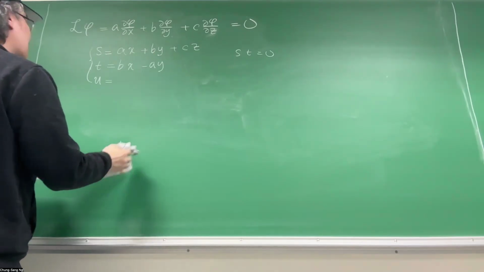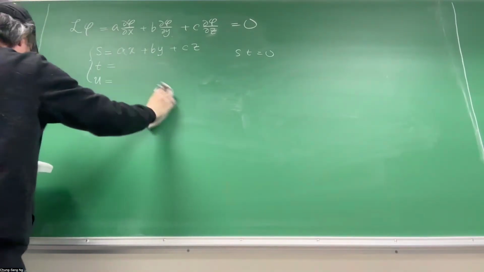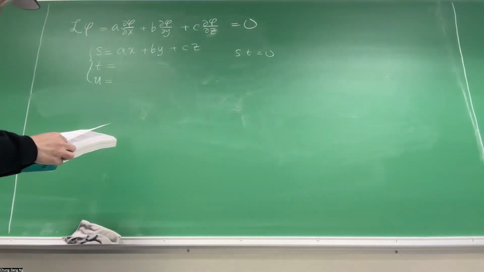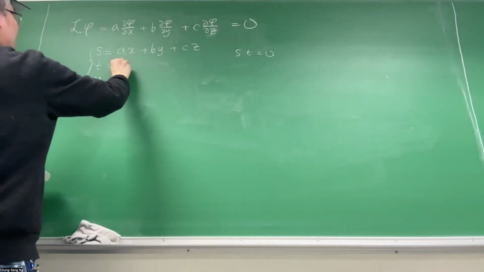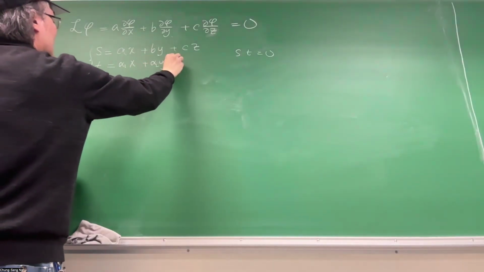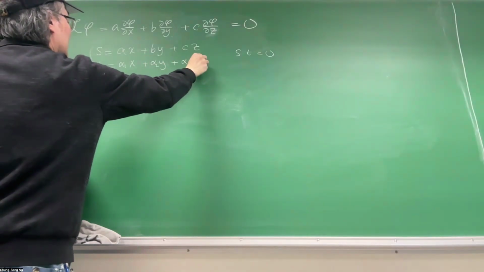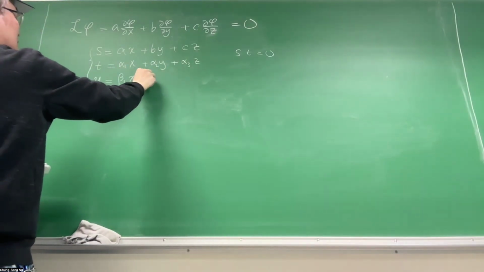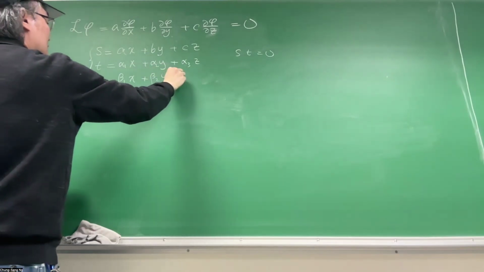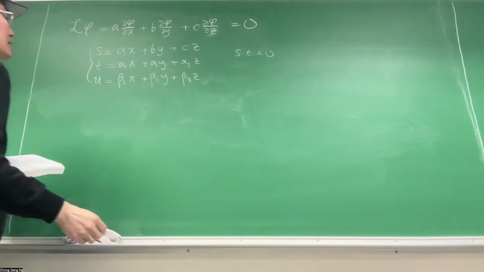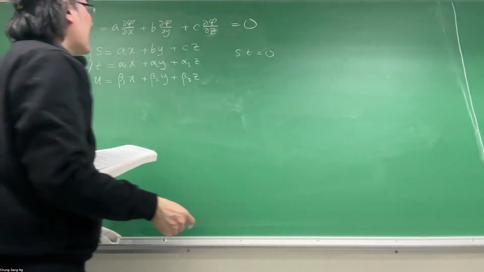And we can come back, but then what we do, following your textbook, is T is alpha sub 1 x plus alpha sub 2 y plus alpha sub 3 z, and U will be beta sub 1 x plus beta sub 2 y plus beta sub 3 z.